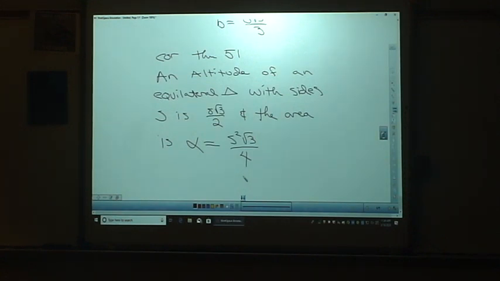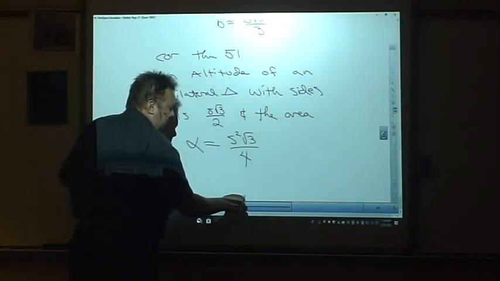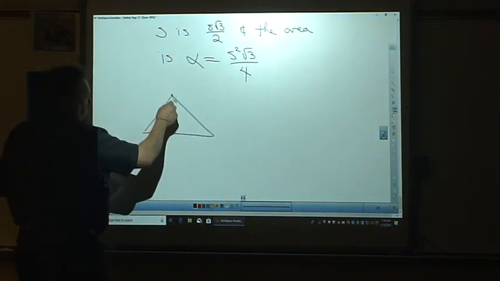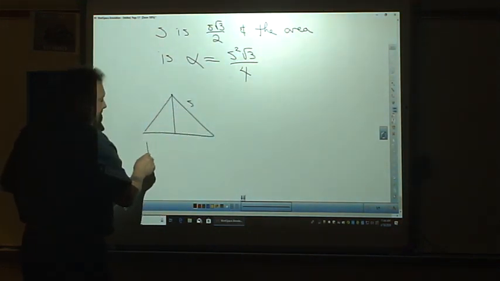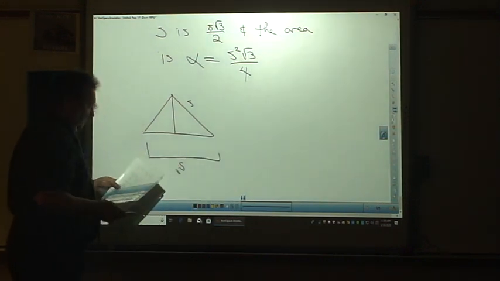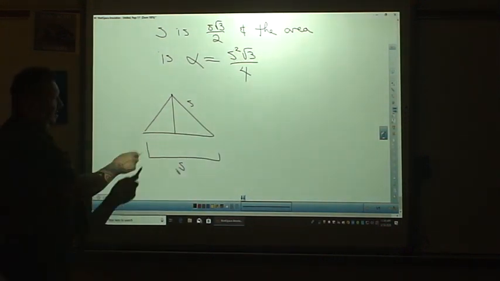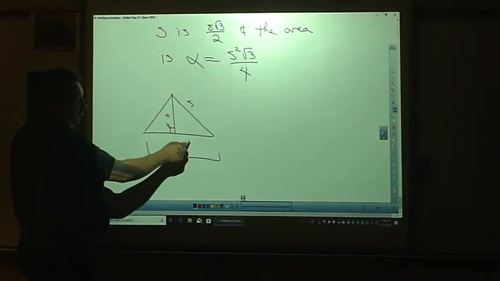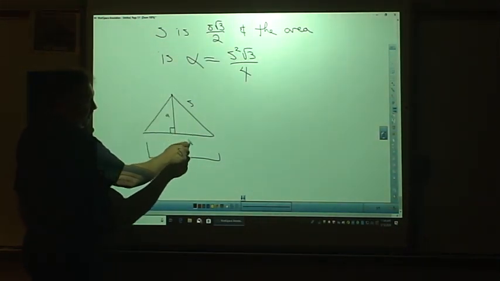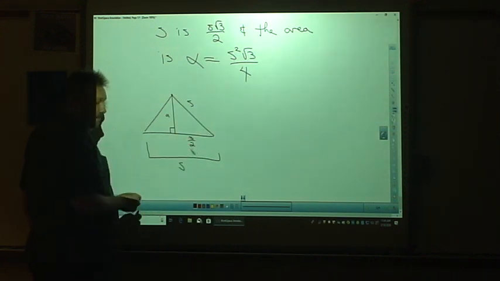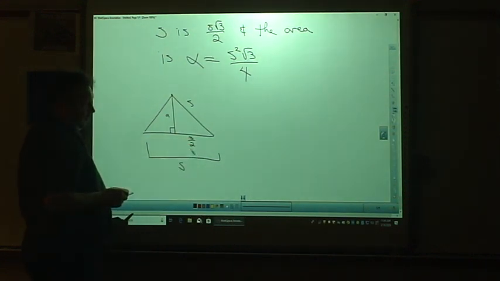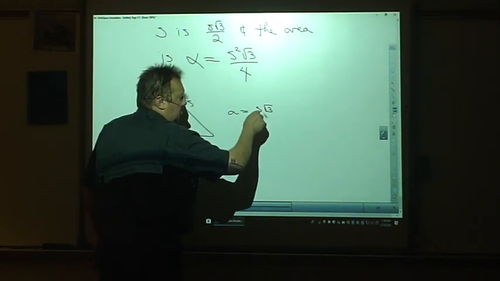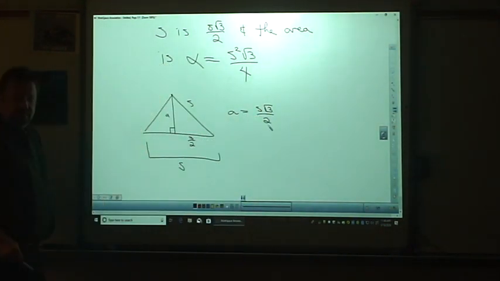The reason is fairly simple, but let's take a look. If we have an equilateral triangle with all sides S, and here's our altitude. We know the short leg here, because it's opposite the 30-degree angle, will be S over 2. The altitude is the short leg times the square root of 3.